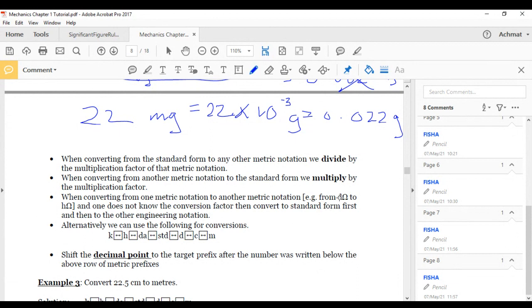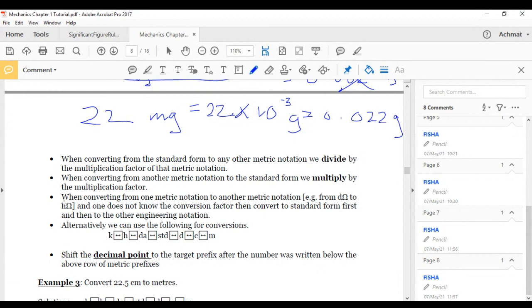Say, for example, if you want to convert from deciohms to hectoohms, then first convert from deciohms to ohms. You see, from deciohms to ohms. So you multiply by that conversion factor. Once you have it in ohms, then you convert that answer to hectoohms by dividing by this conversion factor.